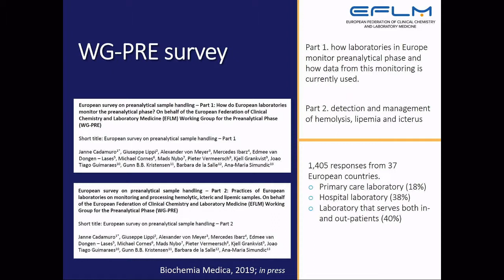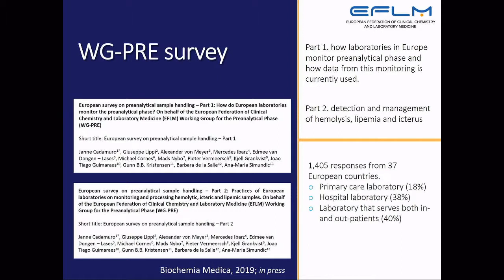And the second study was aimed to understand how do laboratories detect and manage unsuitable samples. Both of those studies were recently accepted for publication in Biochemia Medica and will be available in 2 weeks from today online as free access papers. And both were authored by Yannick Adamuro as the first author who actually did most of the work.